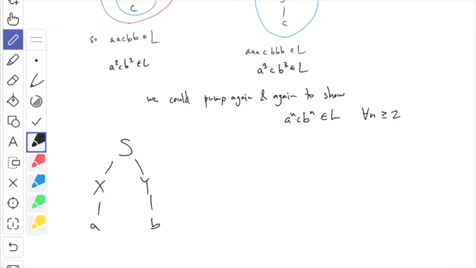So we must have a non-terminal as its own descendant. But otherwise, that's it. Whenever you have that scenario, you can pump it.